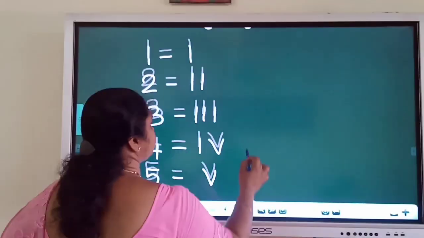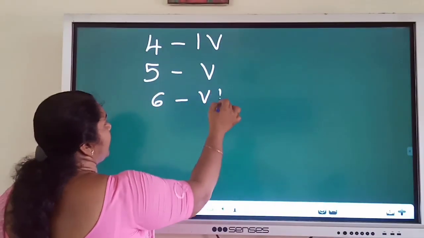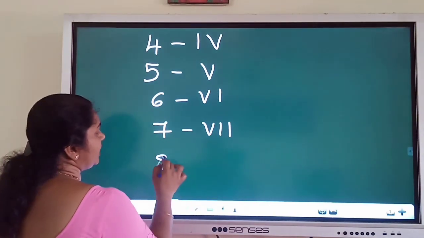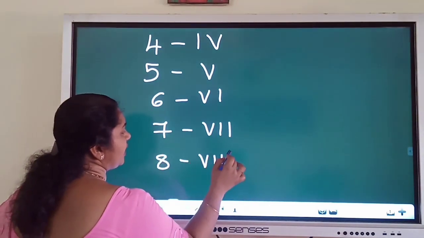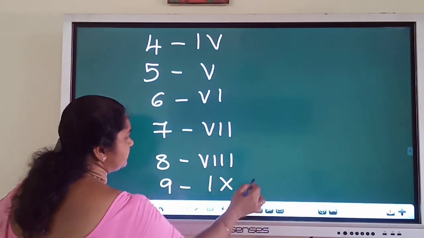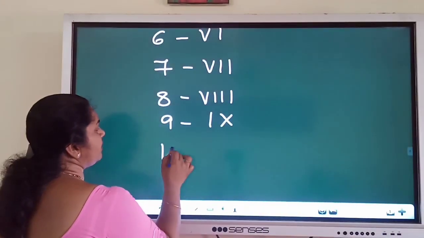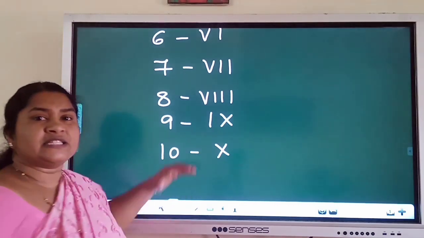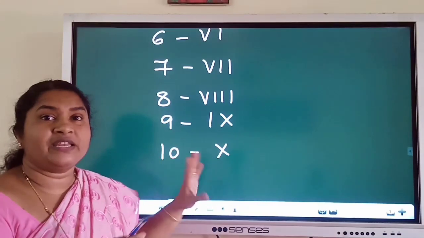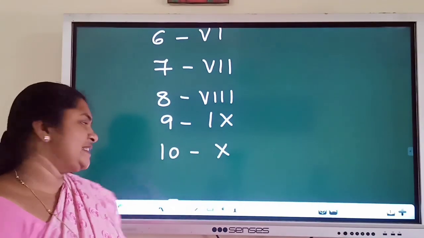Next, 6 VI, 7 VII, 8 VIII, and 9 IX. 10 is X. Till this much we have already studied. That's why I wrote it very fast, in order to save time.